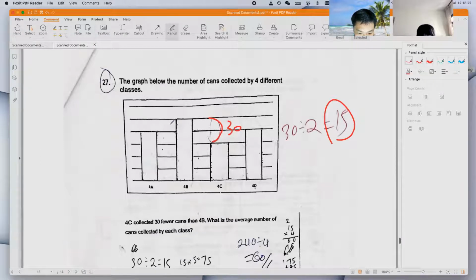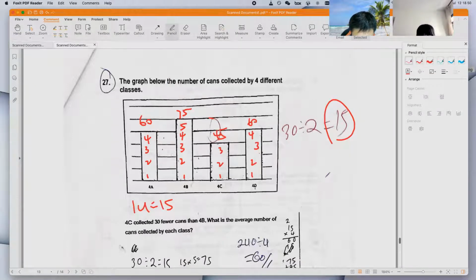So I write down 1U is 15. How many U here? 1, 2, 3, 4. So this is 60. This is 5U, so 75. This is 1, 2, 3, so 45. This is 1, 2, 3, 4, so 60.